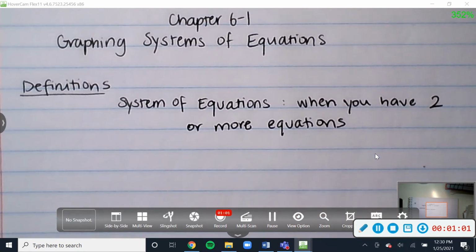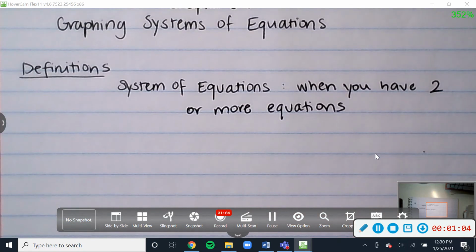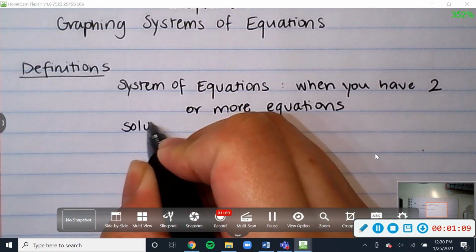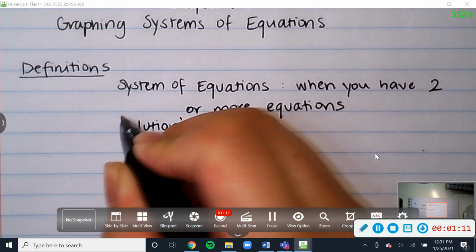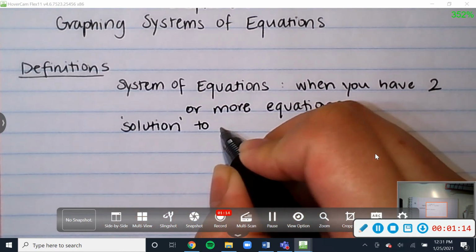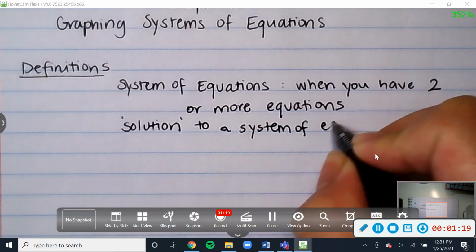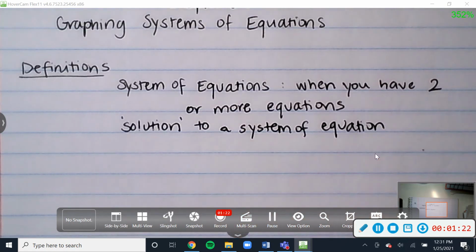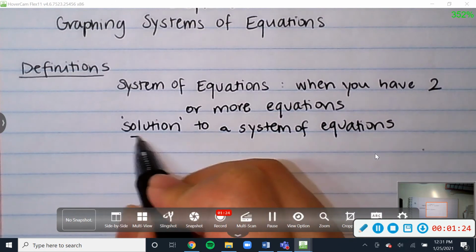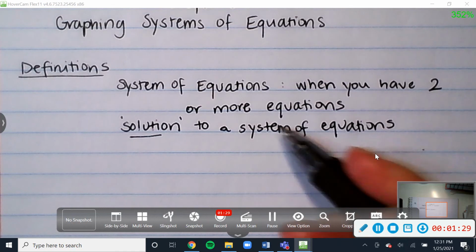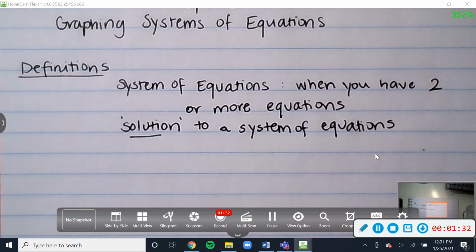And in particular, a lot of the problems that we're going to be solving will ask you to find the solution or the answer to a system of equations. And when they are asking for a solution, what they mean by this word is that when you have two equations, either graphed or on the page, a solution is where both of them will share the same x and y values.